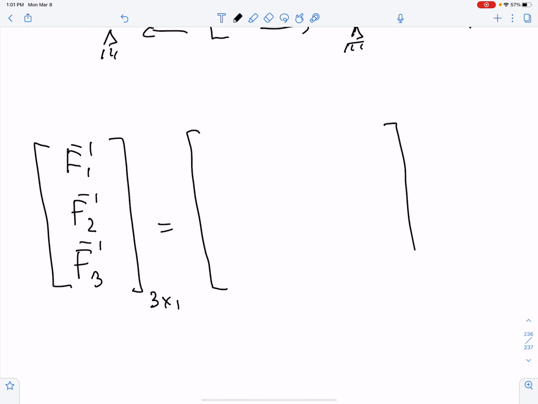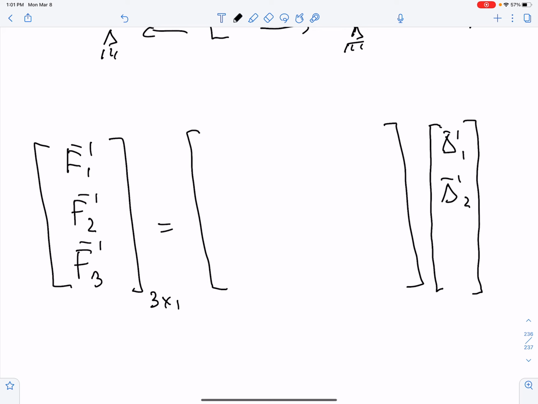We're going to have a stiffness here, and the stiffness will multiply our basic displacement vector: delta over bar prime 1, delta over bar prime 2, and delta over bar prime 3. So let me separate displacements and rotations. That imposes the same separation on the matrix itself.